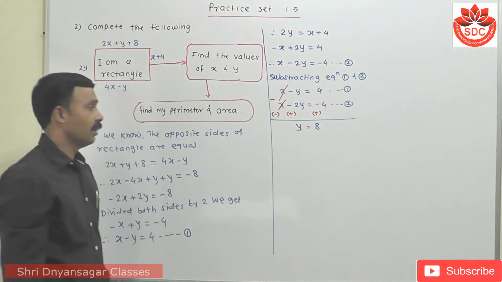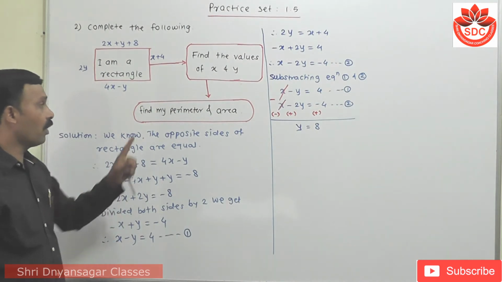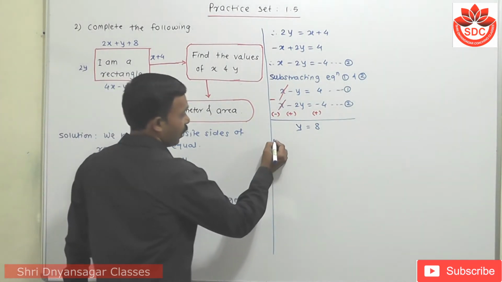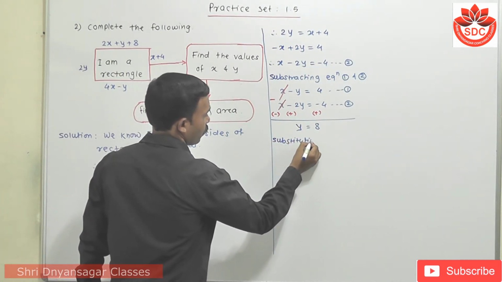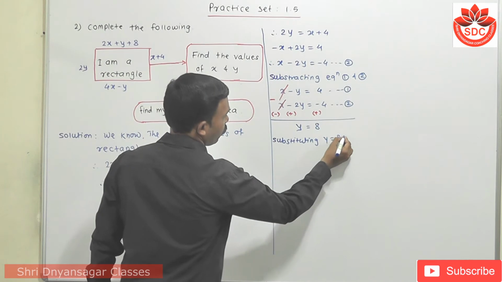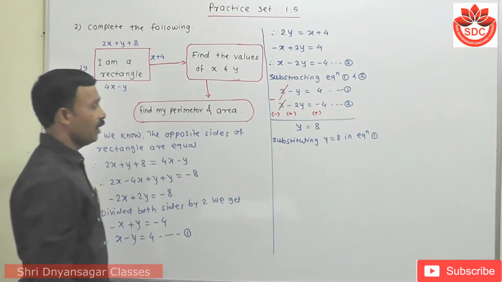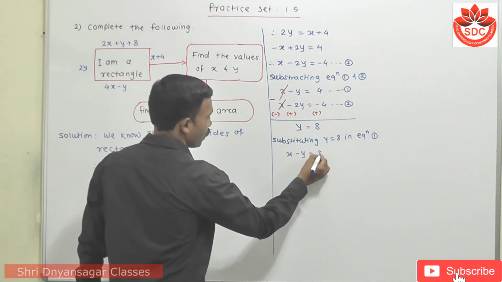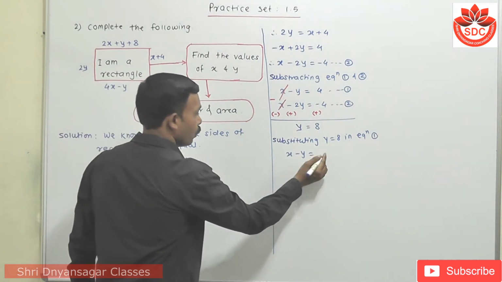8. So y is equal to 8. Then we substitute this value into equation first or second. So I put this value into equation number first. Substituting y is equal to 8 in equation first. Now the equation first is x minus y is equal to 4.